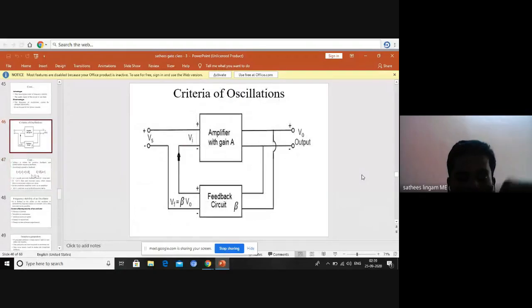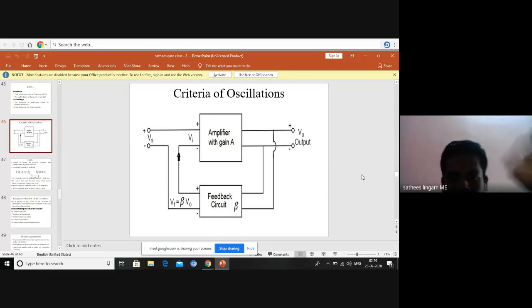If it is a negative feedback, Vi is equal to Vs minus beta Vout, or Vs minus Vf. But according to the oscillator property, positive feedback is the addition Vs plus Vf equal to Vi.